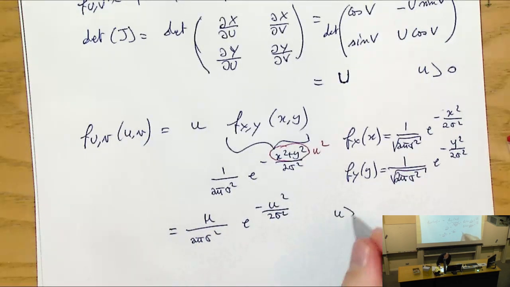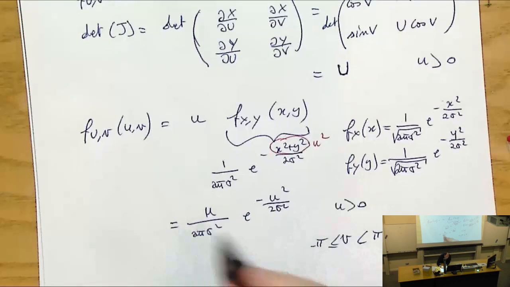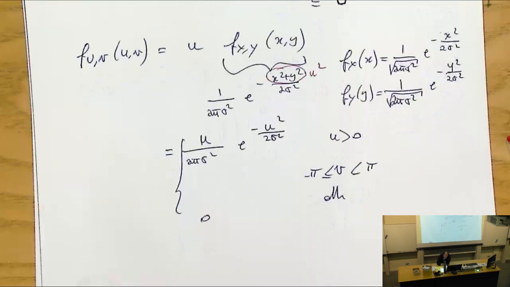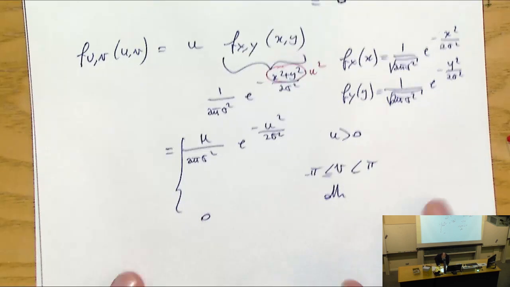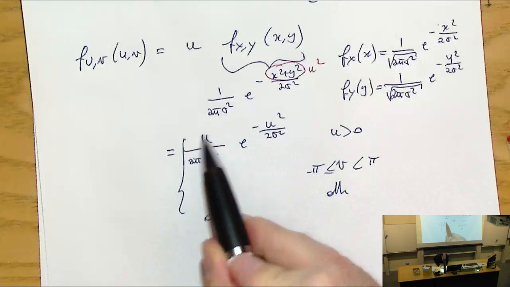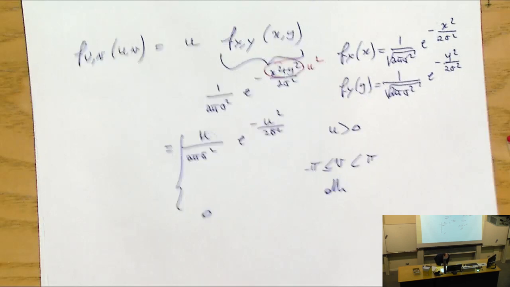And this is for u positive, and v is just an angle, so it's between minus pi and pi. Okay, otherwise it's 0. Okay? So it looks like something Gaussian here, right? But you have a u here, so actually it's not normally distributed anymore.